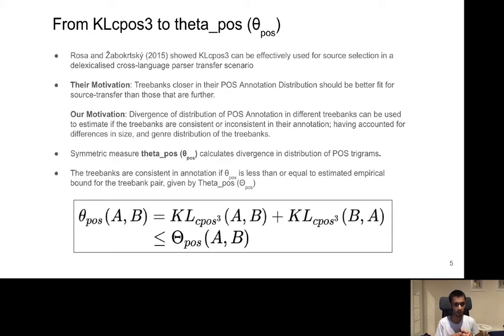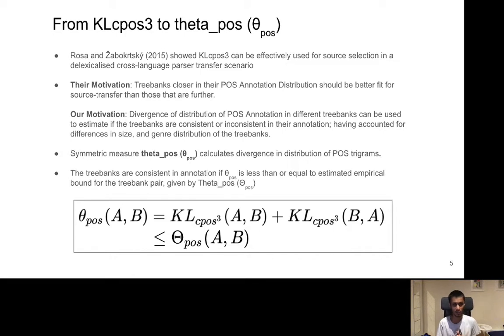We extrapolate on the same idea, saying that if two treebanks have a POS annotation distribution close by, then we say that they are being annotated consistently, otherwise they are inconsistent in the annotation.